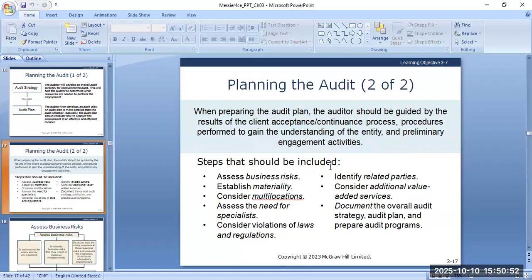Then we consider violations of law and regulation, if there are any. Then we have to assess and identify related parties. Then we have to consider additional value-added services. And we have to document the overall strategy plan and prepare the audit program.